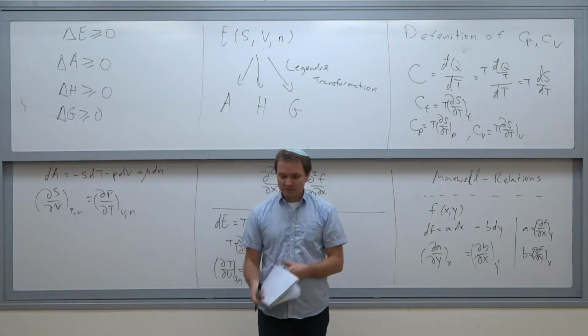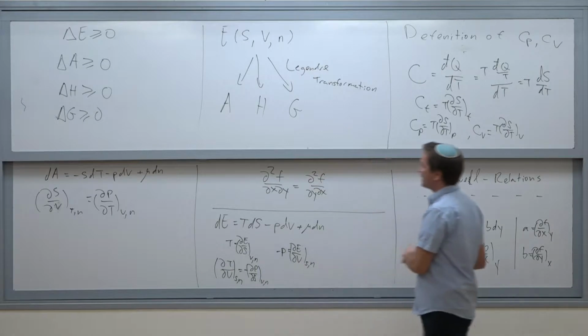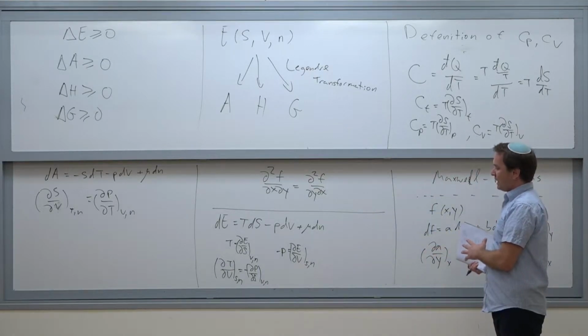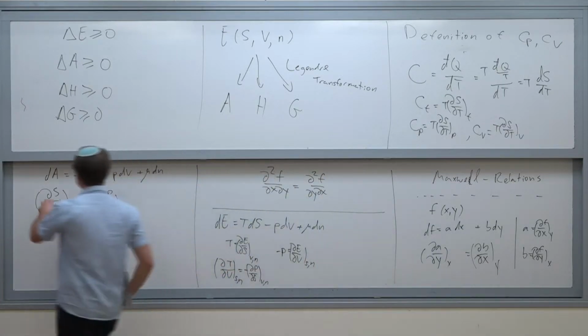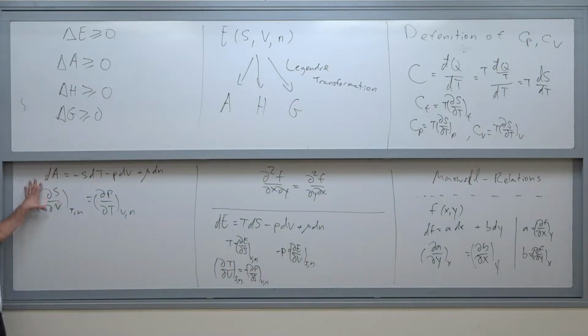Basically, Maxwell relations are good for relating properties that I don't have control of to other properties and variables that are controllable in an experiment, and this is how you can measure them.